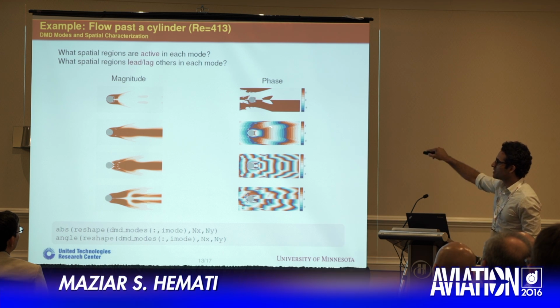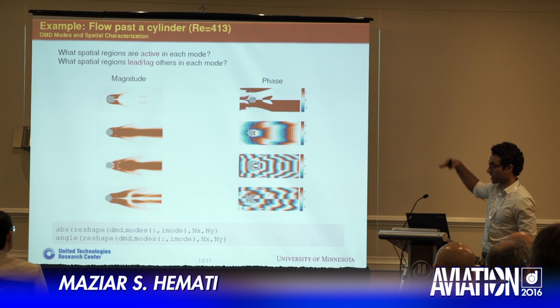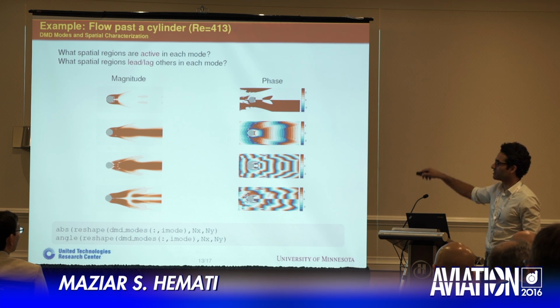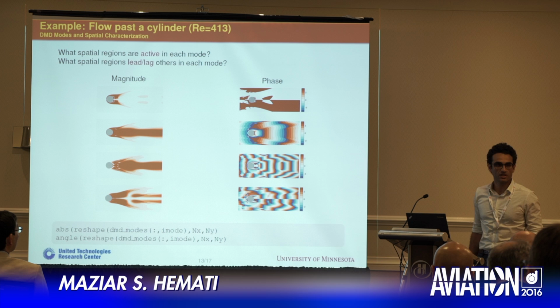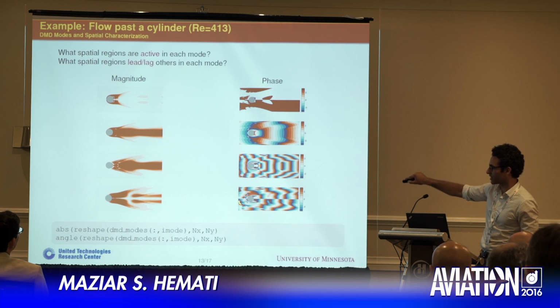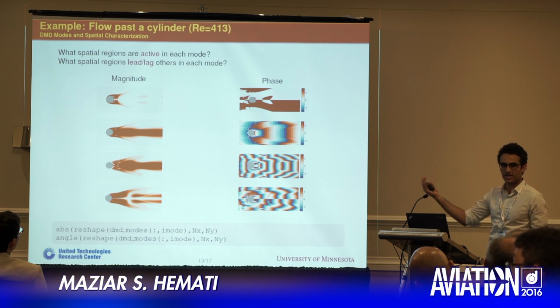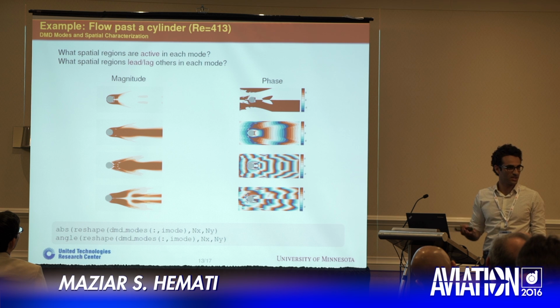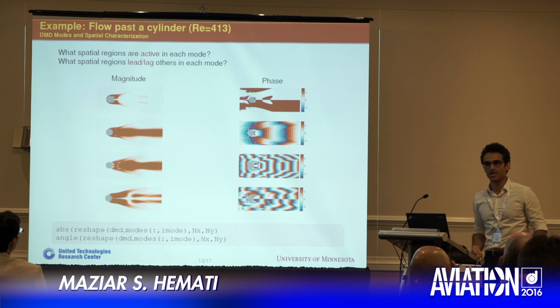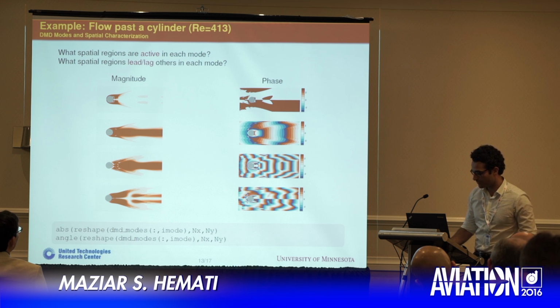Then the next two modes that we look at are top-down symmetric. However, we see that there are leads and lags horizontally in the streamwise direction. And then we get another asymmetric top-down mode and other leads and lags in the system. So this magnitude and phase picture actually lets us analyze things in a little bit more depth than just looking at the spatial structures in terms of real and imaginary part.